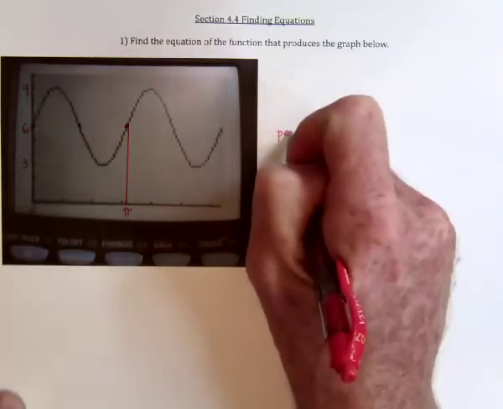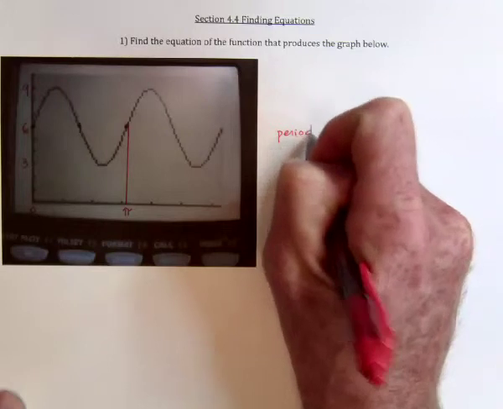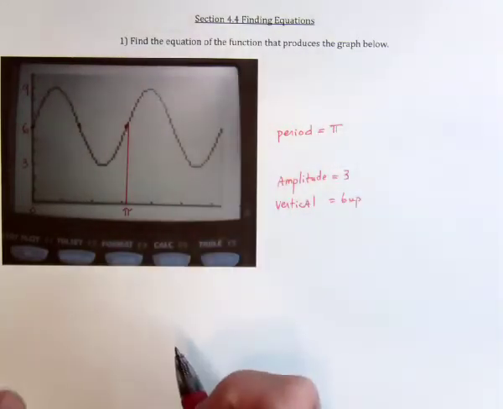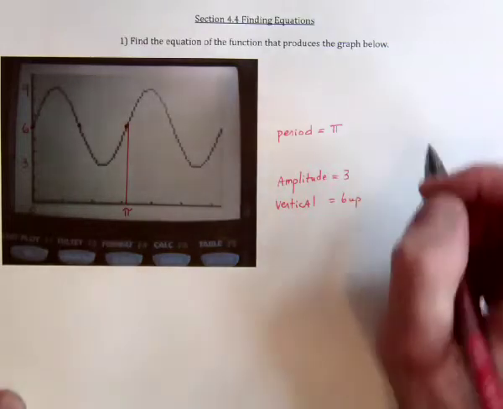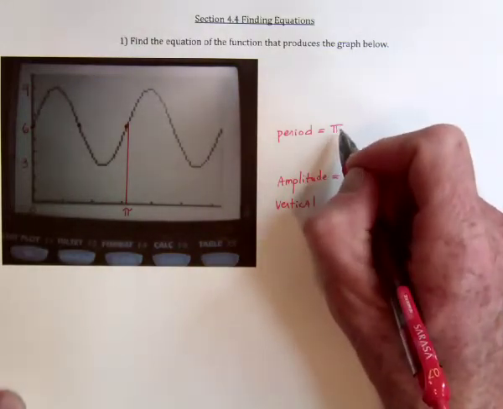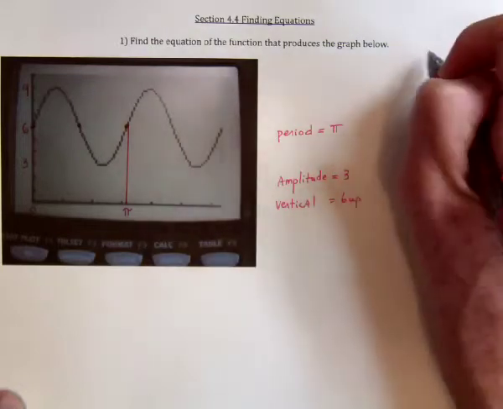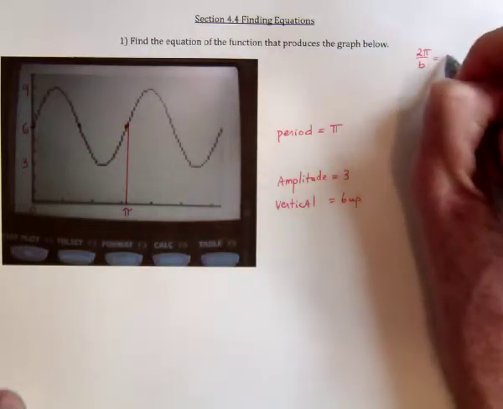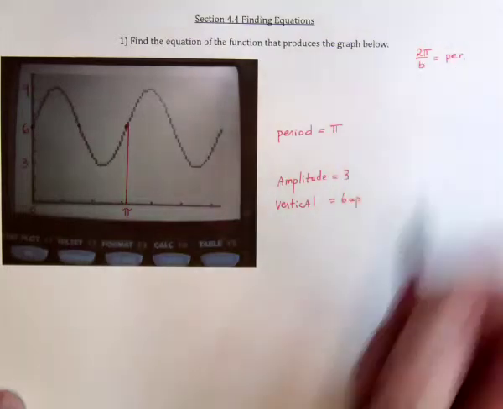So that means that the period is equal to pi. Well, when we find out what the period is, there's the number b that's sitting in front of x. And so if we take 2 pi divided by b, then that's going to be the period.